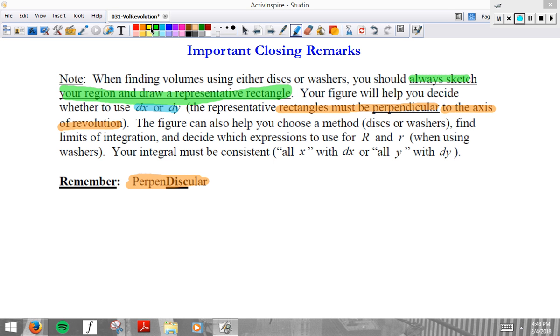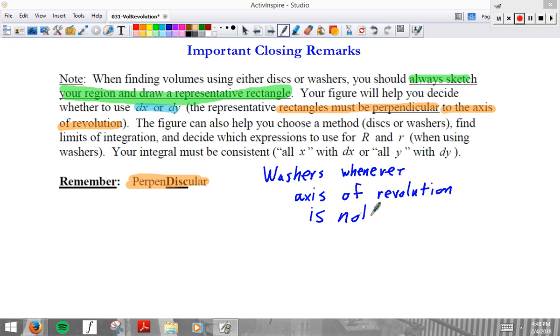Final words. All x with dx or all y with dy. I will also point out that we would use washers whenever the axis of revolution is not a boundary, a side of my region.